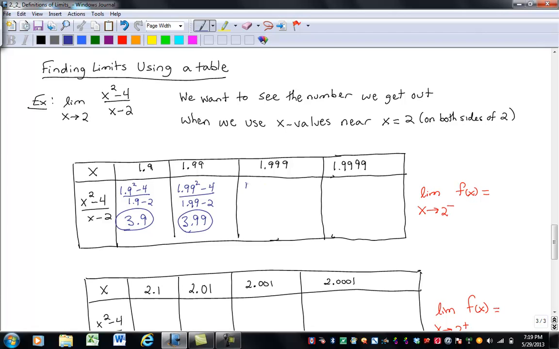And now we're going to take 1.999 and plug it in there for x. 1.999 squared minus 4 divided by 1.999 minus 2 gives me 3.999.